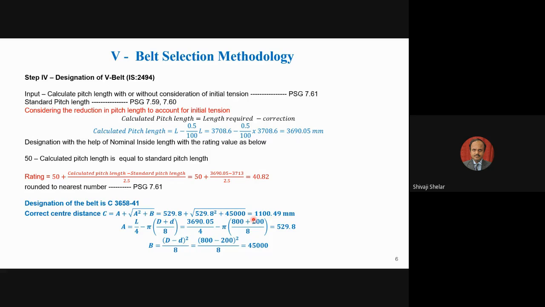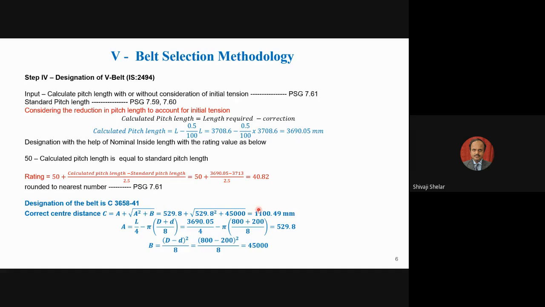It was around 1 meter, and now it is 1.1 meter, so it varied by just 10%. So you can position your shaft at the 1.1 meter distance. That will give you the proper working of this belt.